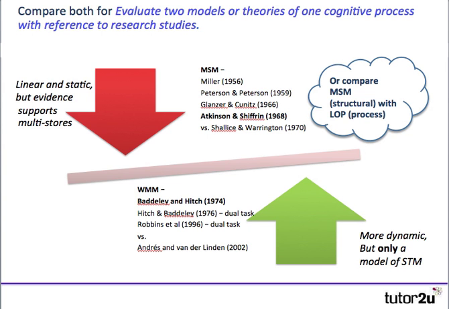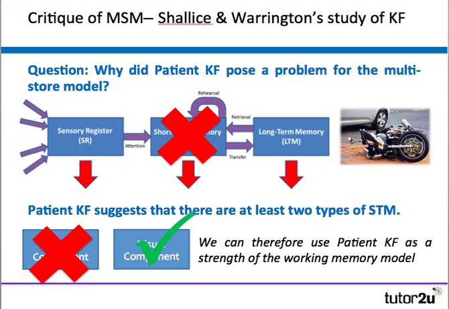And you can use the study of KF by Shallice and Warrington to actually both critique the multi-store memory model and to support the working memory model.